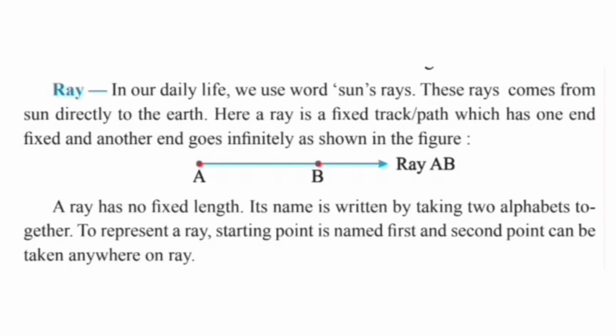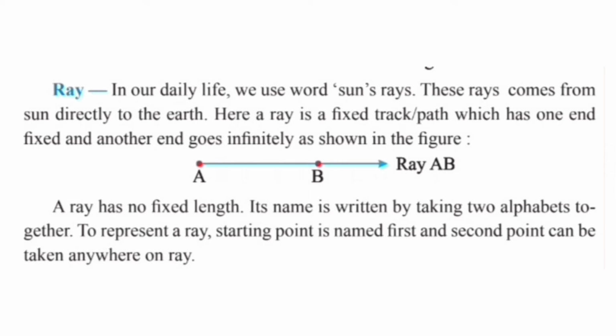Dear students, the next one is ray. In our daily life, we use the word sun rays. These rays come from the sun directly to the earth. Here, a ray is a fixed track path which has one end fixed and another end goes infinitely as shown in the figure.